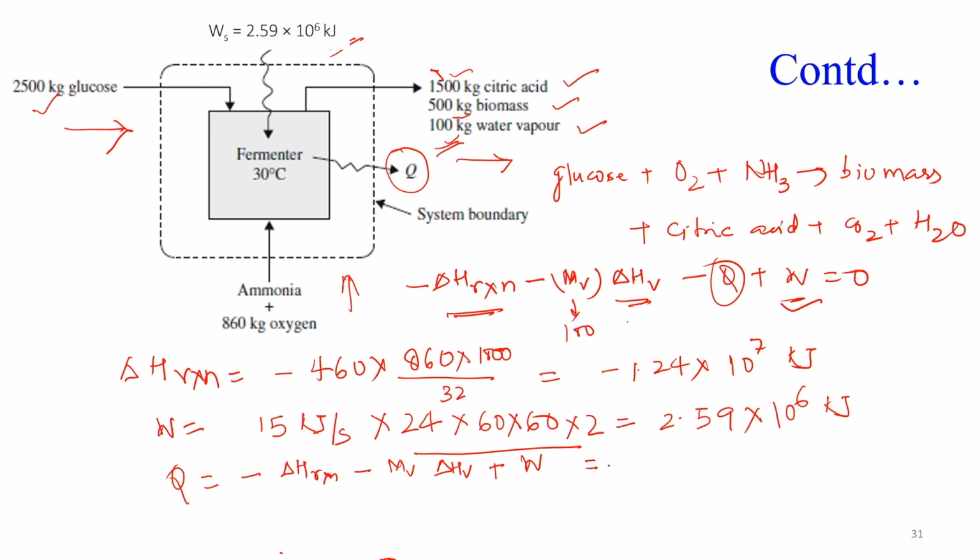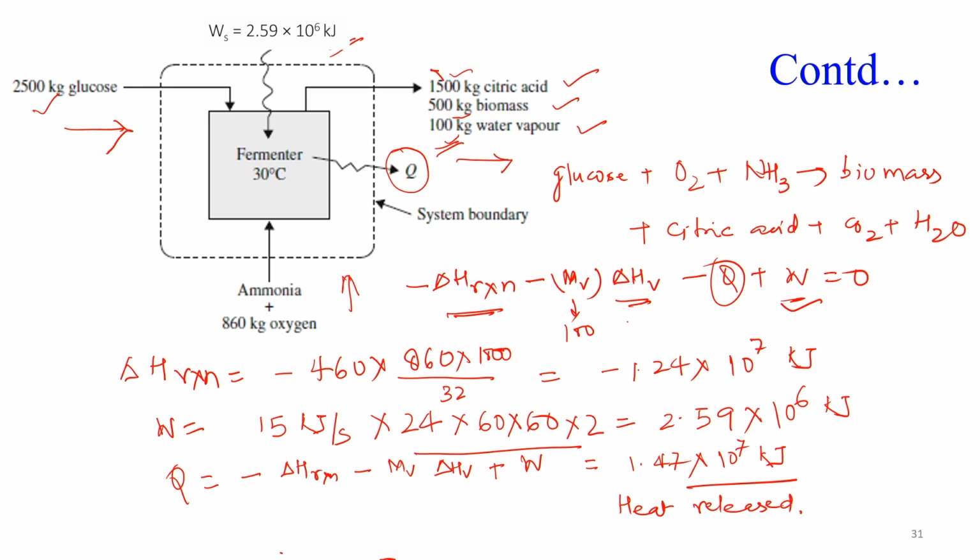This will end up with Q as 1.47 into 10 to the power 7 kilojoule. So, again the value of Q is positive, it means this much amount of heat will be released and that needs to be removed from the system. So, it requires cooling arrangements.